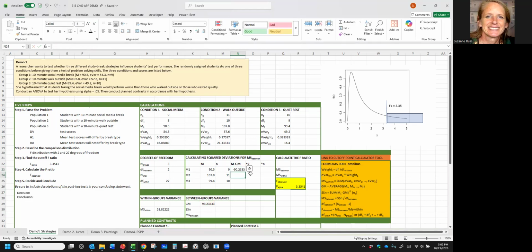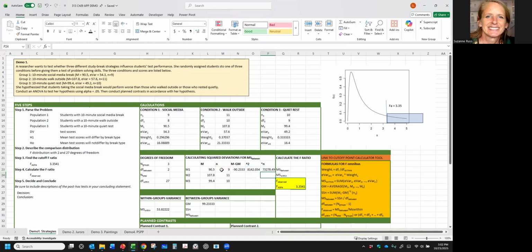And now that allows us to copy paste. I think I'll go ahead and square first, and then I can do the copy paste all at once. And I think I'll multiply by n also, and then I can do that copy paste as well. So we take our squared deviations and we multiply by n.